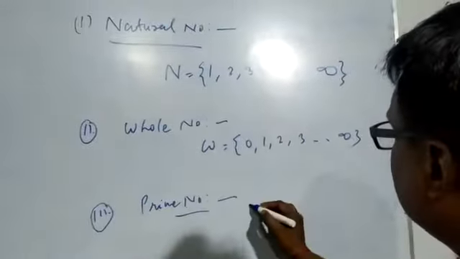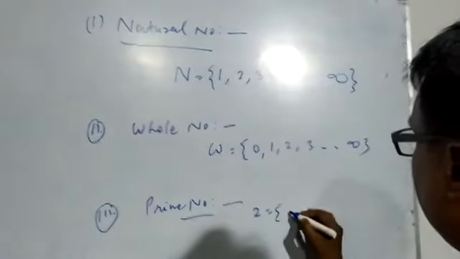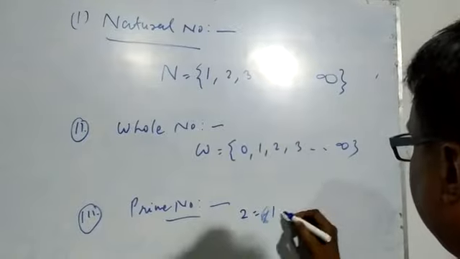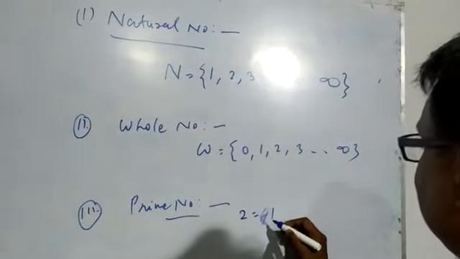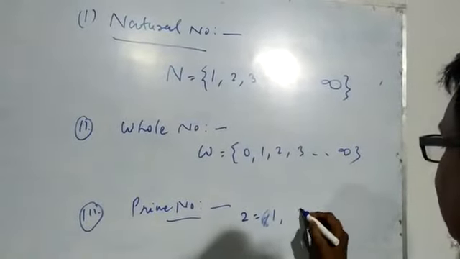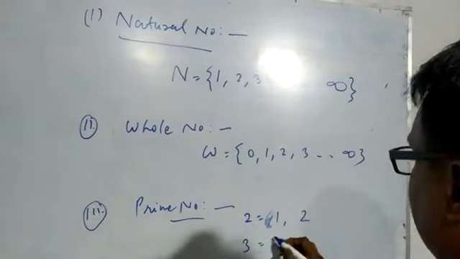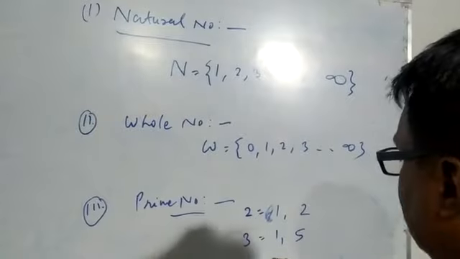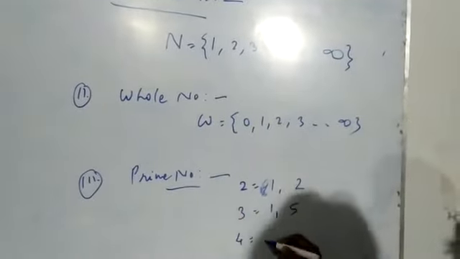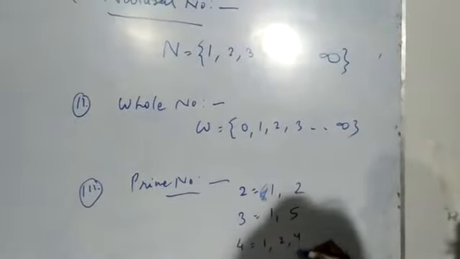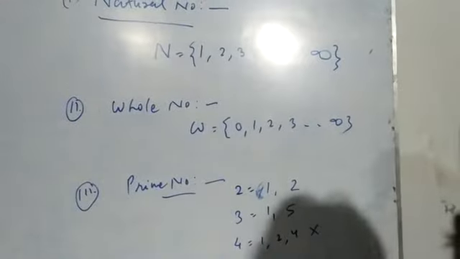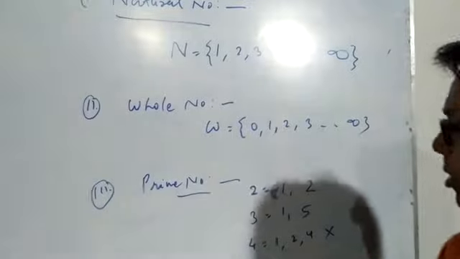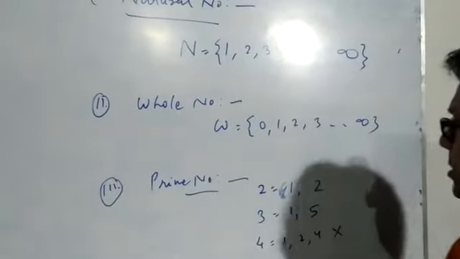Like 2: if we factorize 2, it is divisible by 1 and 2. 3 is divisible by 1 and 3. If we write 4, 4 is divisible by 1, 2 and 4, so it is not a prime number. So those numbers with maximum 2 factors are called prime numbers.